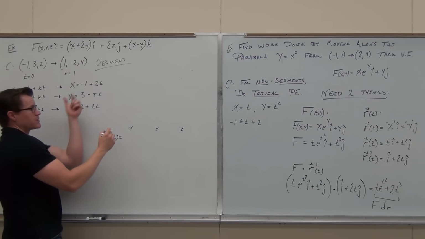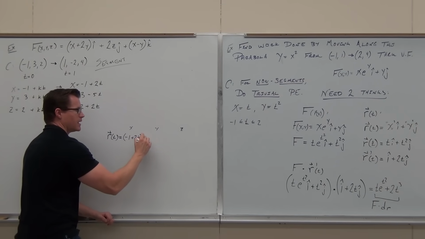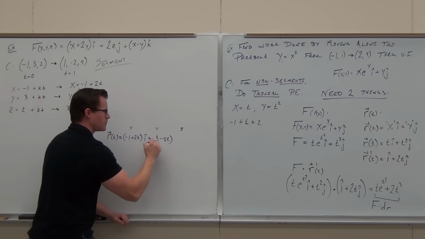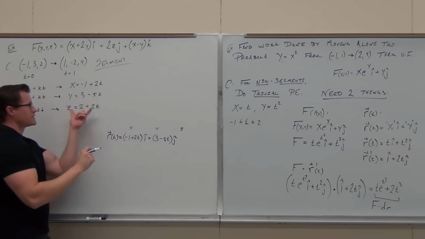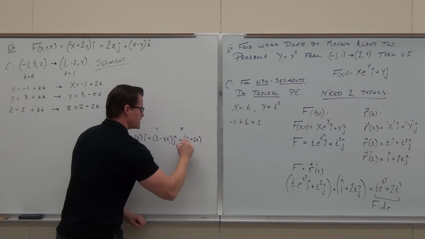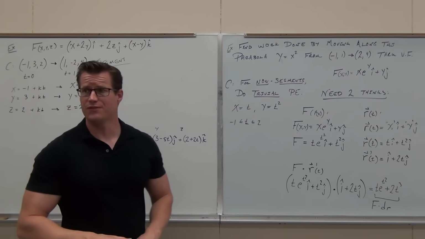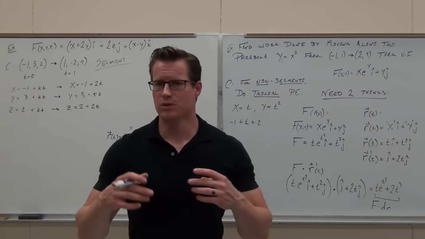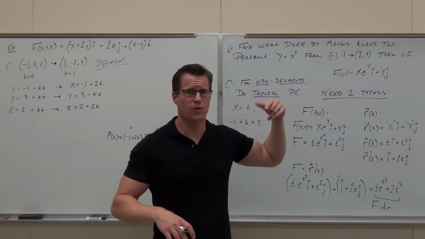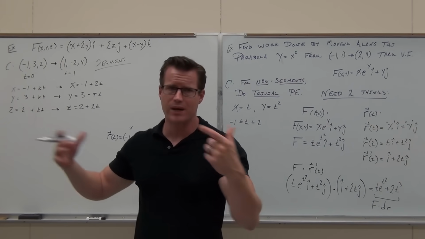Well, all I need to do is take this x component i, take this y component j, take this z component k. That's always how we find our vector functions. If you've already redefined x, y, and z, you literally have your vector function right there. We got x, y, and z from our vector function before, now we're just creating a vector function from our x, y, and z. Seems logical. Should be able to go both ways on that thing.